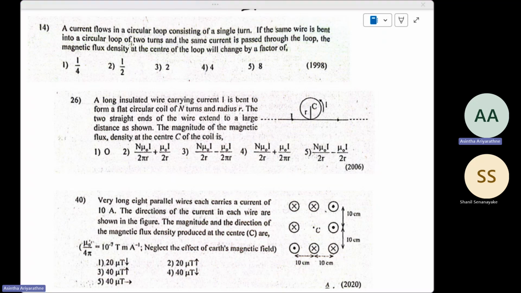So first we identify the direction. There are two elements, right? One is the straight long conducting wire and the other is the circular loop.